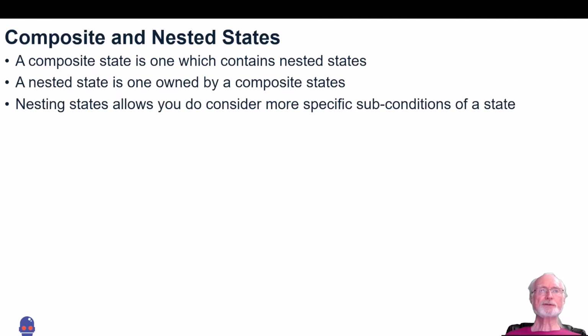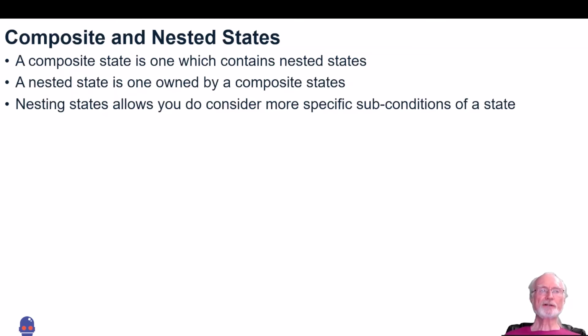Some people like to use the terms super for composite states and sub for nested states. I don't, because super and sub have distinct and different meanings in object-oriented technology. So I prefer the terms composite state for the enclosing state and nested state for the state inside a composite.